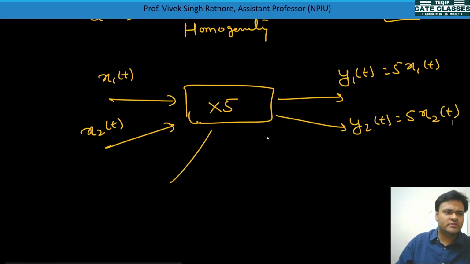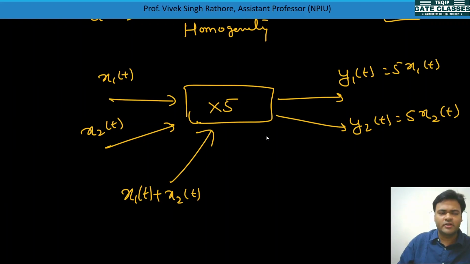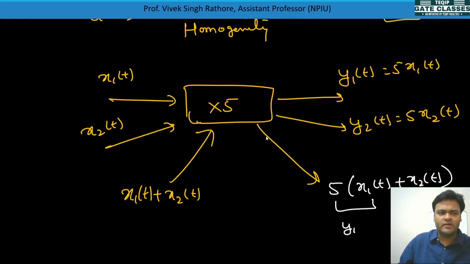Now in this same system, if we add both signals and send x1(t) plus x2(t), it will just multiply by 5 and create 5 times (x1(t) plus x2(t)). So you can see 5 x1(t) is y1(t) plus 5 x2(t) is y2(t).